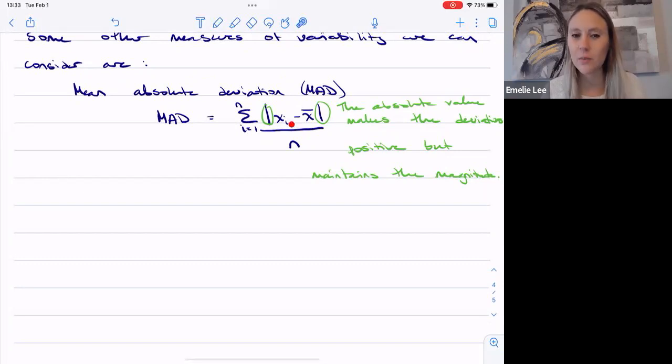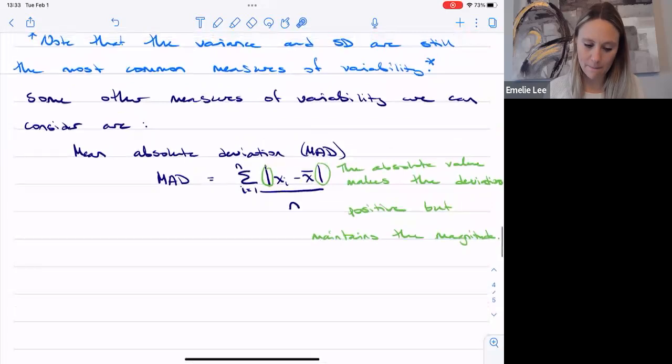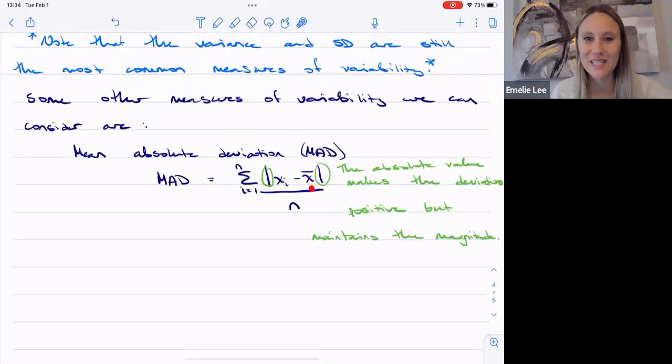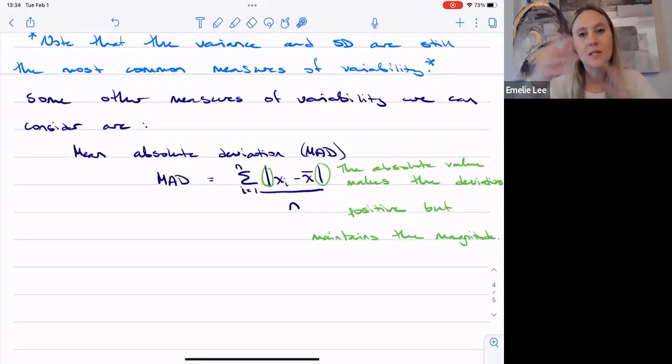But we're still talking about the distances from the mean. And then by the previous logic, here, the distance from the mean, and then I take the absolute value, if the mean is sensitive to outliers, then my logic would say that the MAD would also be sensitive to outliers, but it's actually more robust to outliers than the variance and the standard deviation.